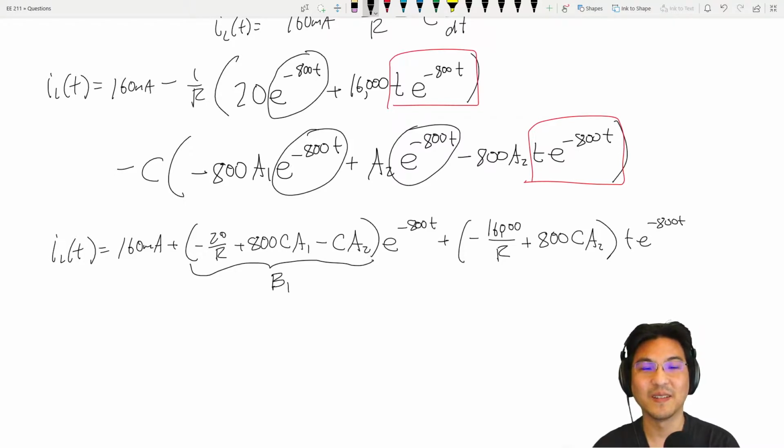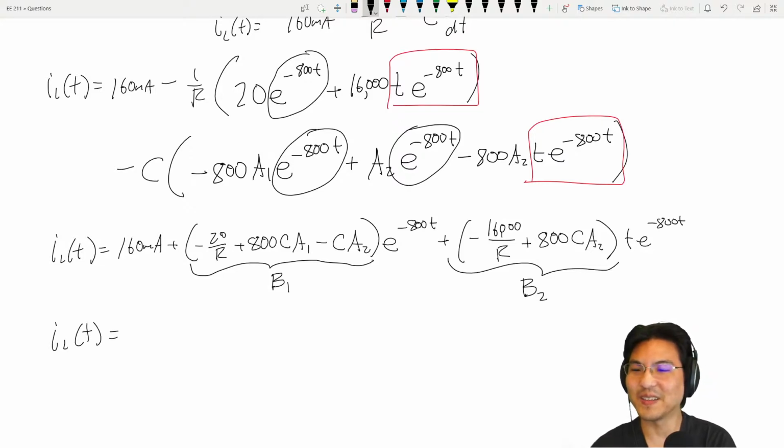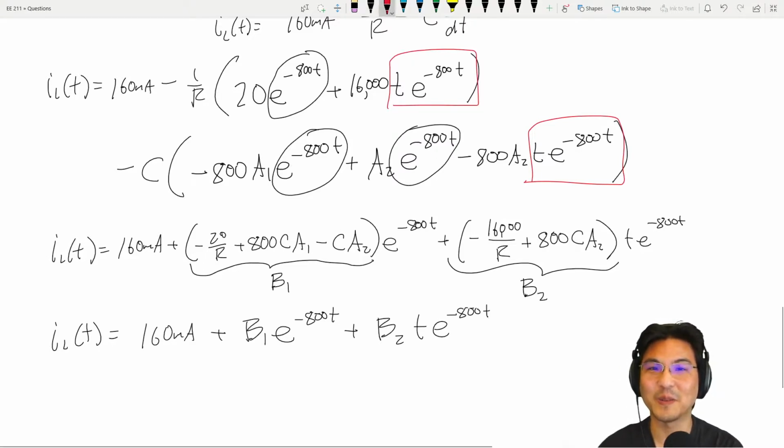And again, this whole thing is just some arbitrary coefficient, which I'll call B2. So let me rewrite it so it looks cleaner: arbitrary coefficient e to the minus 800t plus arbitrary coefficient t e to the minus 800t. So now we have some work to do, right?